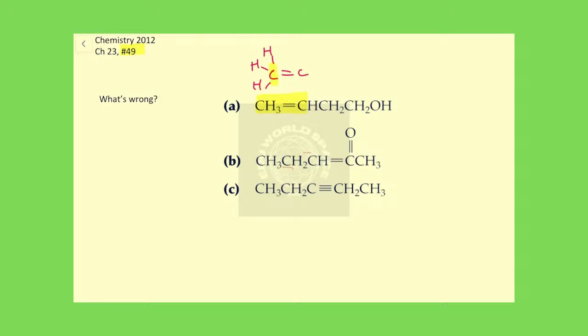Okay, so we have a carbon double bonded to another carbon, and then double bonded to an oxygen. Okay, and then this carbon is bonded to, let me number our carbons so we don't confuse ourselves here. 1, 2, 3, 4, 5.